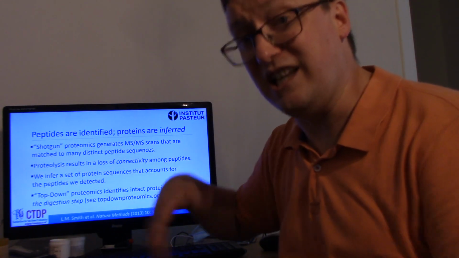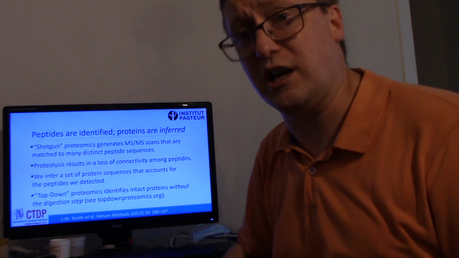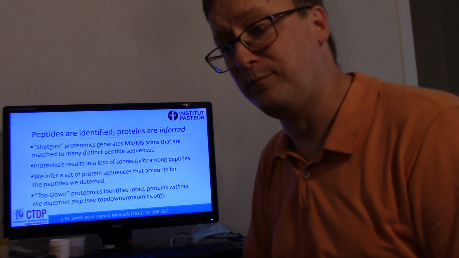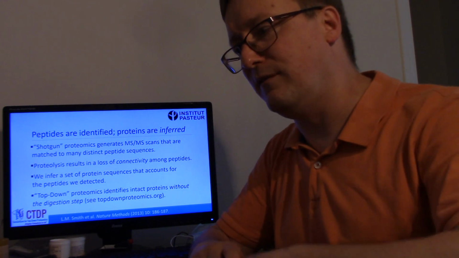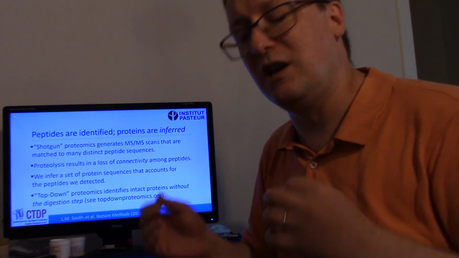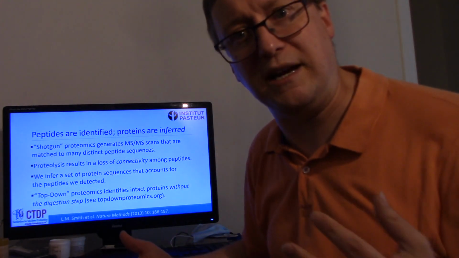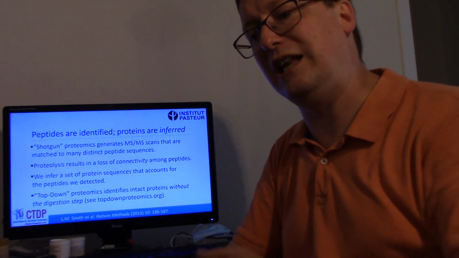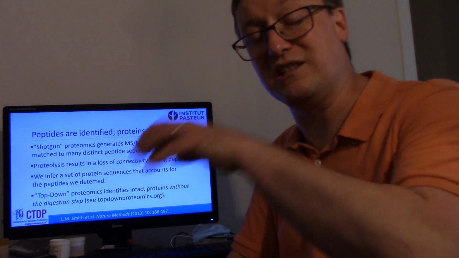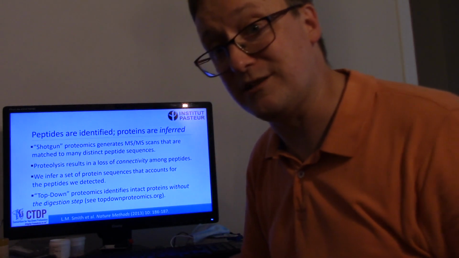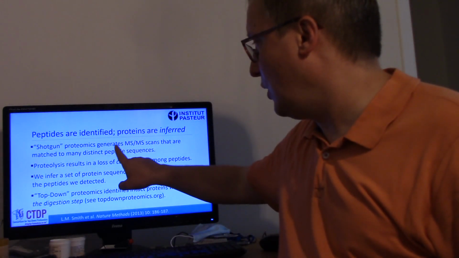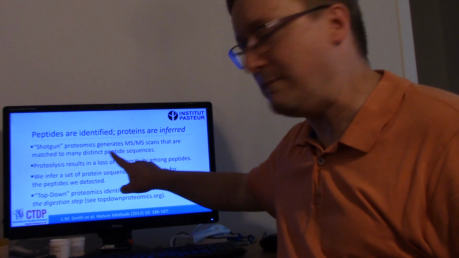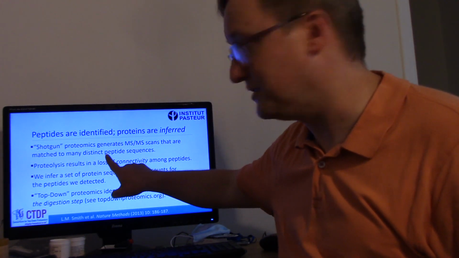The protein lists that we build from shotgun proteomics are inferred, which is to say that we have the presence of peptides, and these different peptides can be grouped together in ways that allow us to infer a protein sequence that explains all of those peptides. So our tandem mass spectra get matched to lots of different peptide sequences.